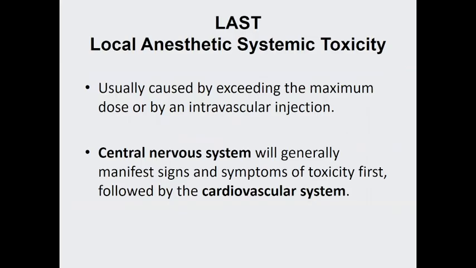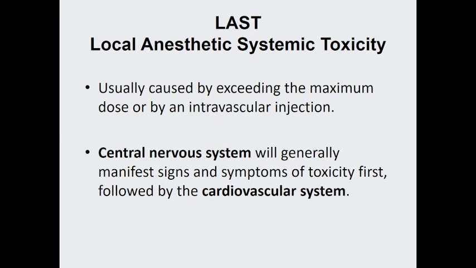What you have to know is the complication of the local anesthesia injection is a local anesthetic systemic toxicity. It's called LAST. Usually, LAST happens when we give too high a dose of local anesthetic. Every local anesthetic has its maximal dose, and every block has its maximal dose.